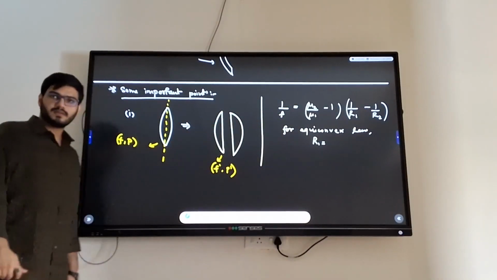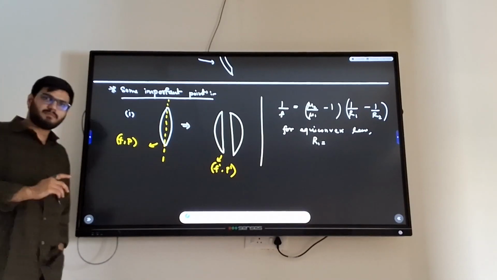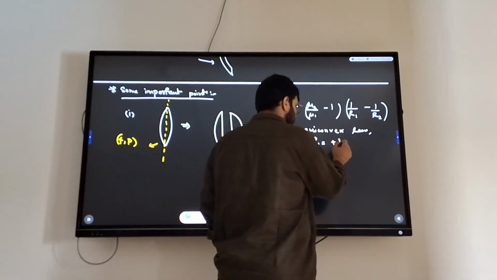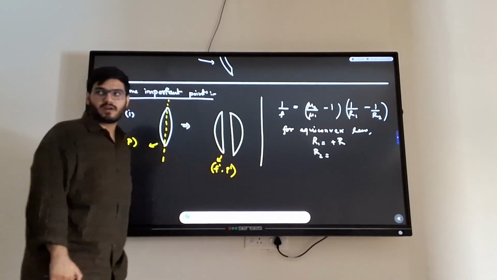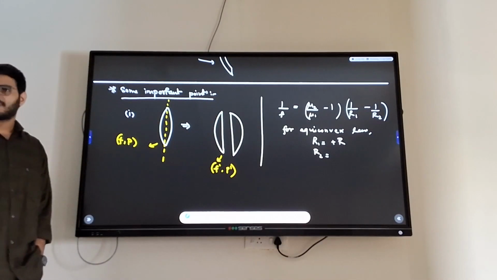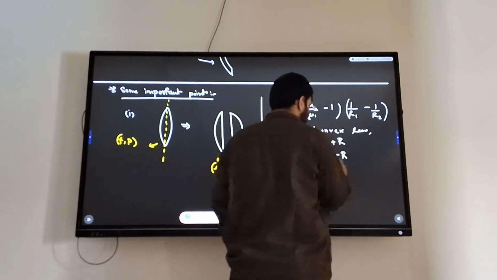Can somebody tell me? I think R1 can be considered as plus R. Then what will be R2? They are equiconvex. That means the magnitude has to be equal. This will be minus R, no? By sign conventions. Minus R.